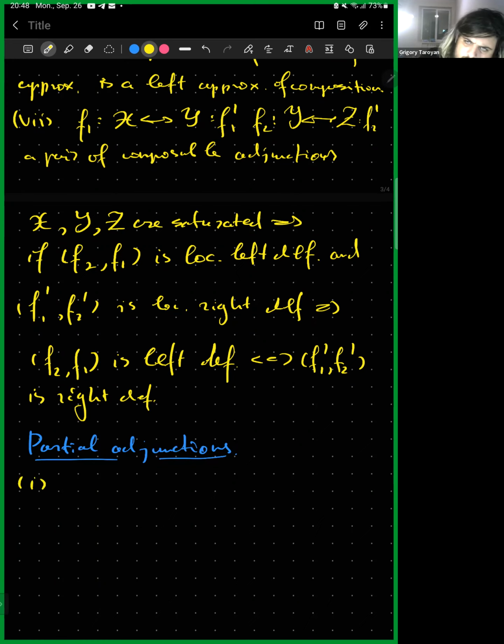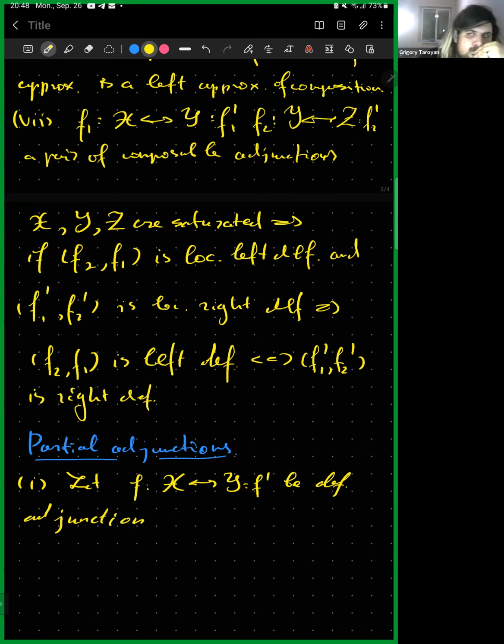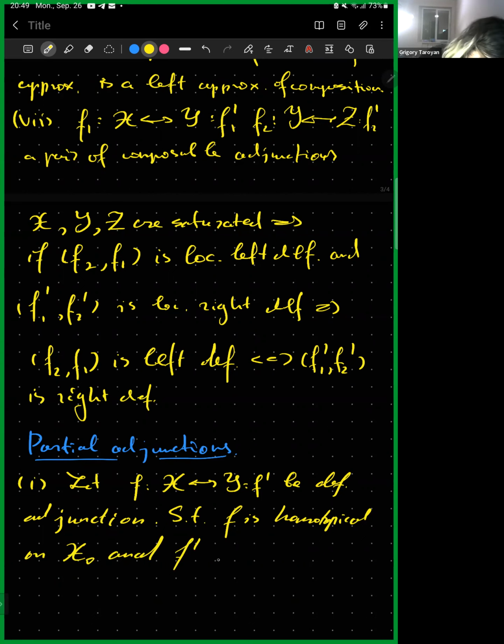Let F and F prime be a deformable adjunction such that F is homotopical on X0 and F prime is homotopical on Y0, so X0 is a left deformation retract, and Y0 is a right deformation retract.